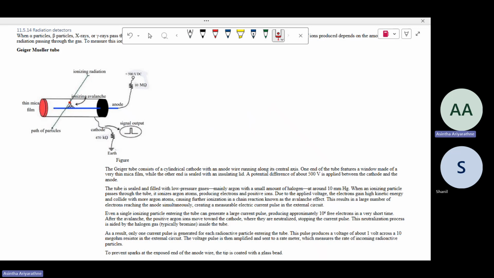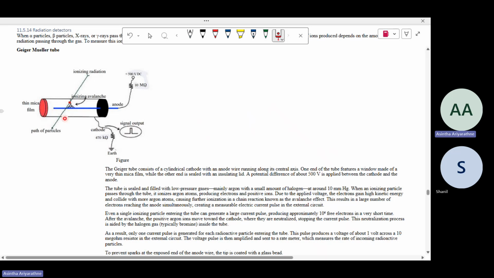Then we can attach a small alarm, so that a beep sound would be there. If there are very few radioactive elements, the spikes would happen rarely, and we might get small beeps with a higher interval.